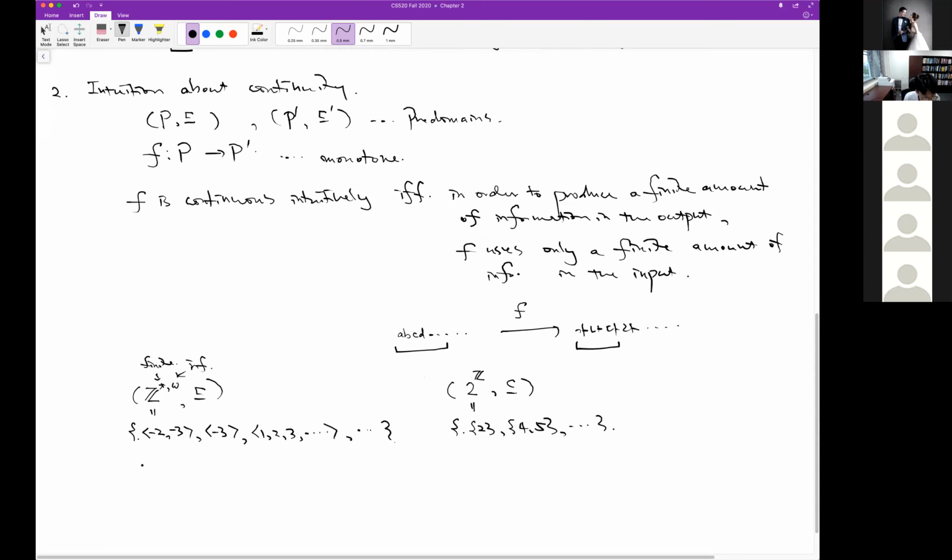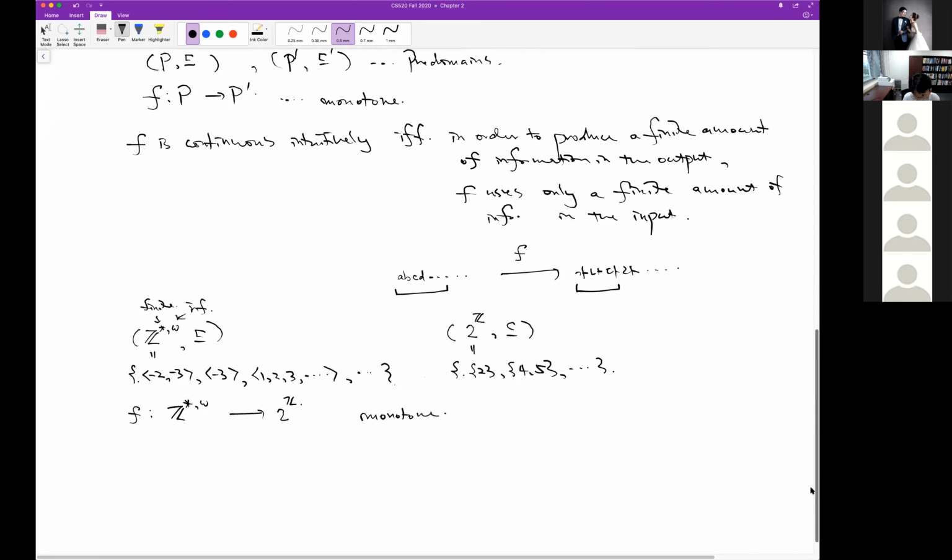Now think about some function f that takes an element in Z star and omega and returns an element in the power set. Suppose that's monotone. Here's an exercise I want you to prove. Show that if f is continuous, actually this is if and only if, but just prove this direction, then it satisfies the following property.